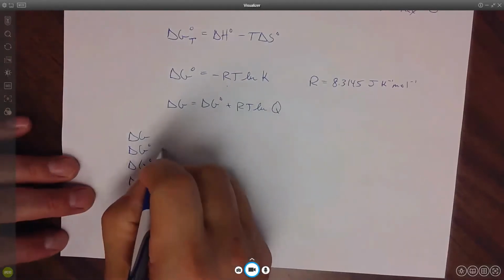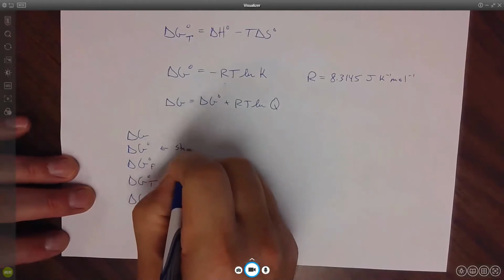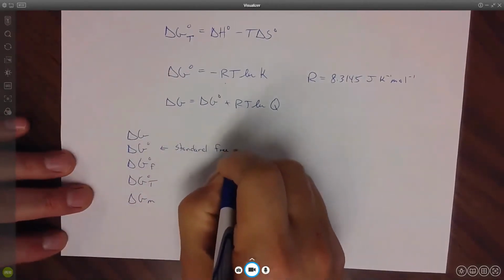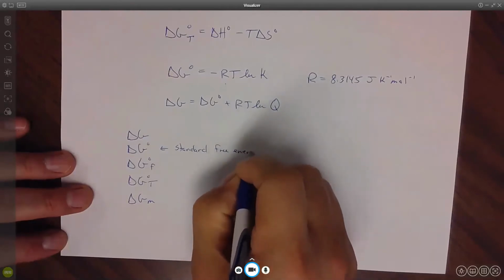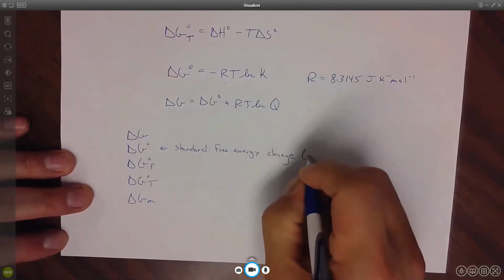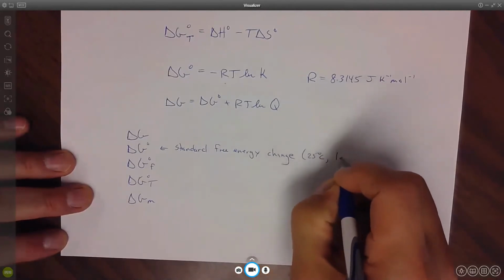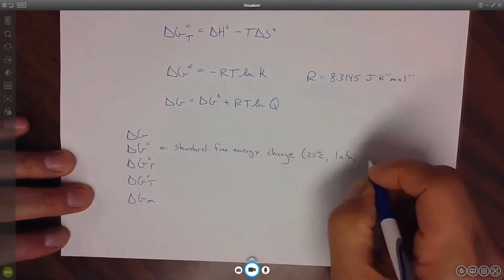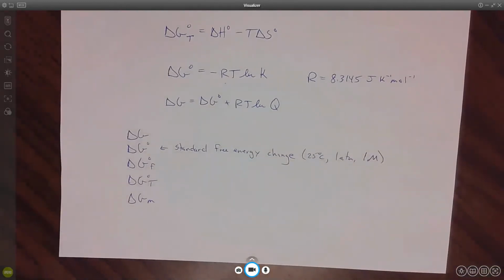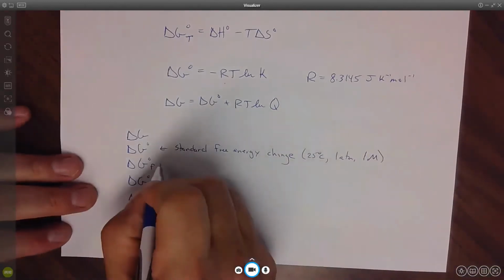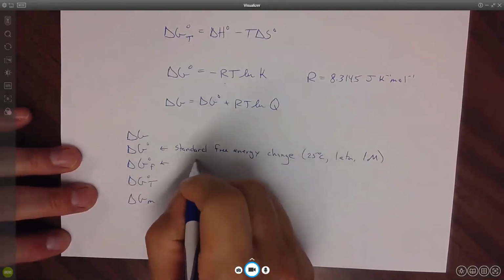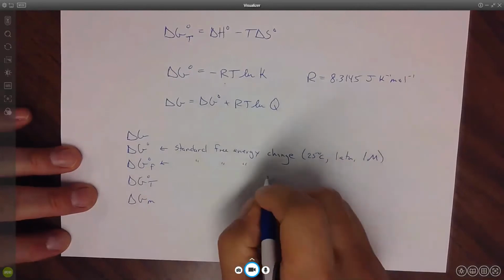So this is the standard free energy change, right? So that means it's at 25 degrees Celsius, 1 atmosphere, 1 molar if we're talking about solutions. This was the standard free energy change of formation.